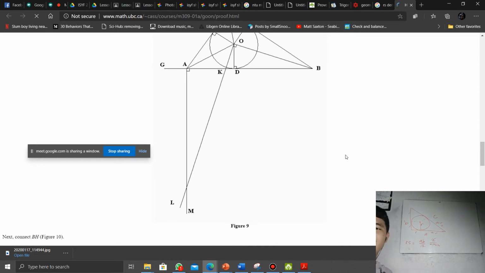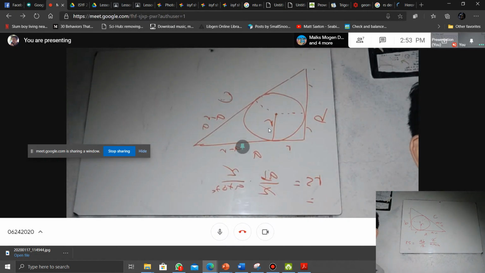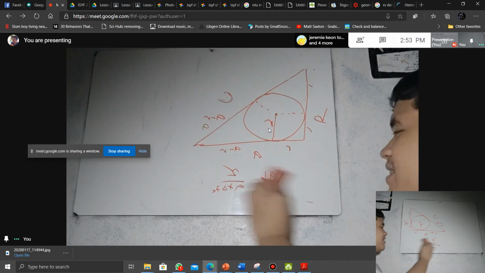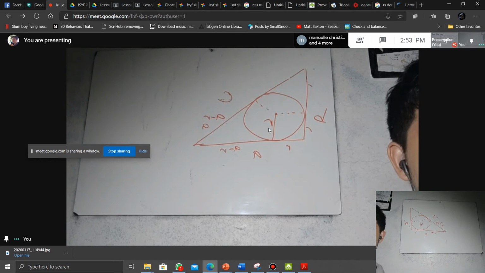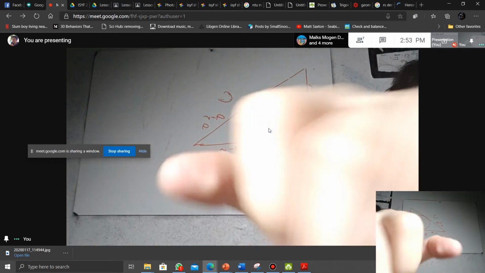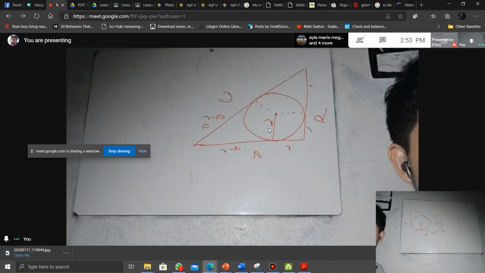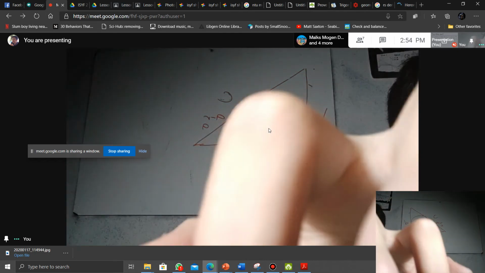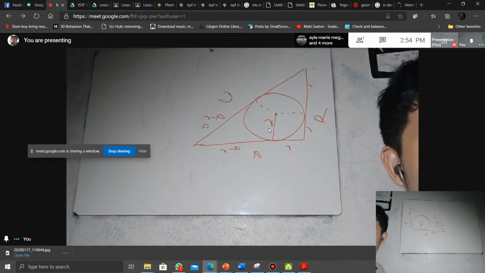Utilize niyo yung fact na tangents ito. Merong over 2 sa denominator.